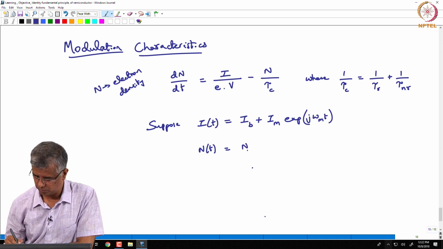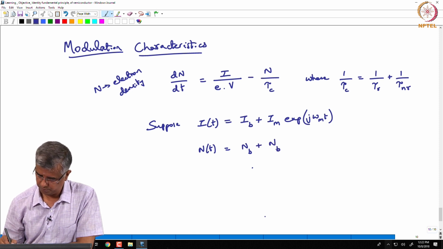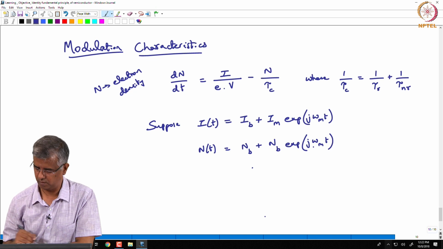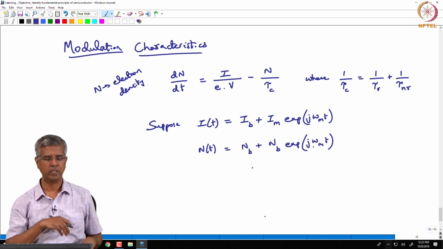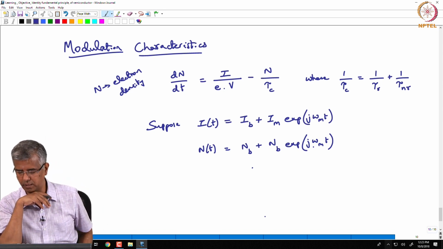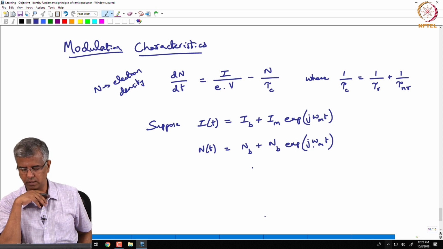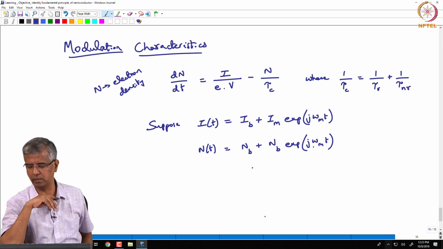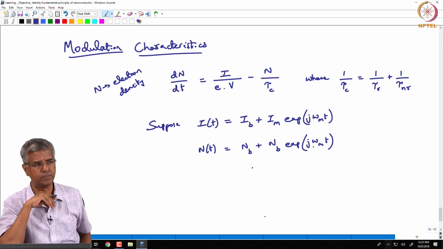So, if I have that as my driving signal, then I have a corresponding change in the electron density, right. So, once again corresponding to the bias point, I am going to have some DC electron density plus this other component which is varying with respect to time, right. It is a linear process. You inject these carriers and that is going to correspond to the amount of current that is injected into the structure, right.